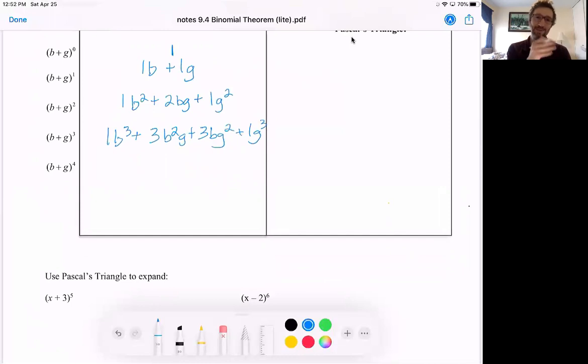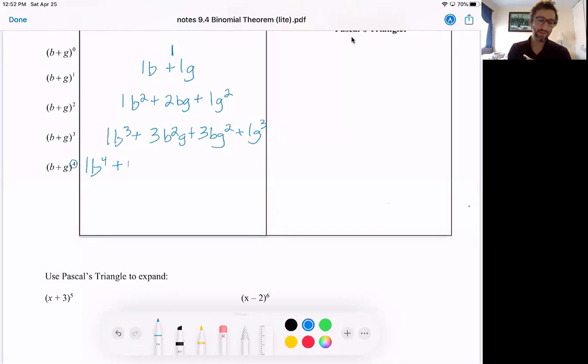Now let's look at the next one, b plus g to the fourth. The first term is going to be 1b to the fourth, right? You start with a b, and your exponent is going to be that 4. Now next, I'll tell you what the coefficient is, but I hope by the end of the lesson you can figure out what this coefficient is.